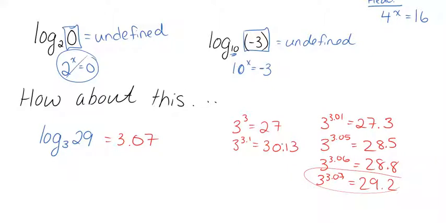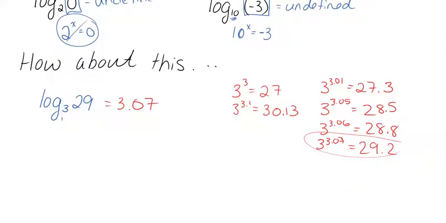So we're going to actually learn a better way to solve that, and we're going to use a change of base formula. I can give you a little preview now, but I'm going to teach it to you later. What we can do is convert this to log base 10 of 29 over log base 10 of 3.